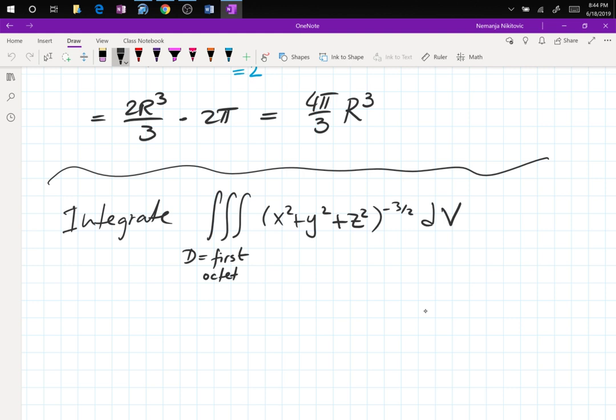So first octant, with rho equals 1 and, or maybe I should say, between rho equals 1 and rho equals 2. There we go.